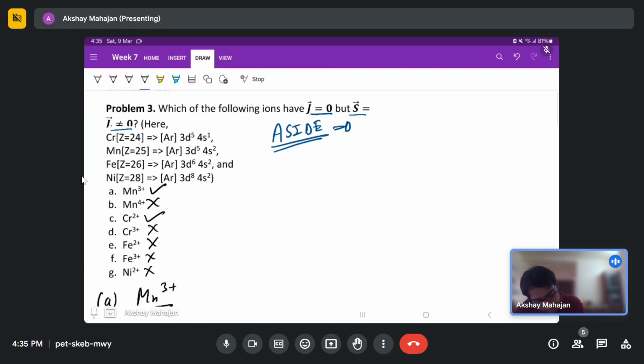So it will happen for the d4 case, or f. As you know, f has 7, so it will be f6. So if you have d4, f6, then in those cases this is going to happen. Or p has 3, so the p2 case as well, this can happen.